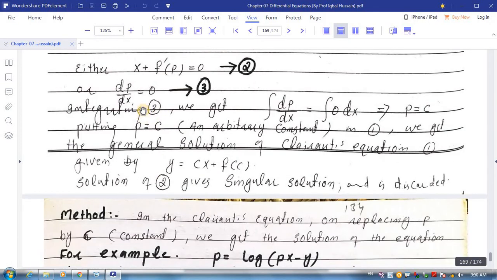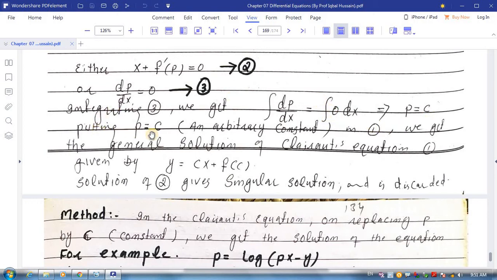Now integrating 3, this is equation 3. Integrating both sides, the integral of this side is equal to this integral, and dp over dx will be cancelled. We get p is equal to c. This c is the integral of 0, an arbitrary constant.